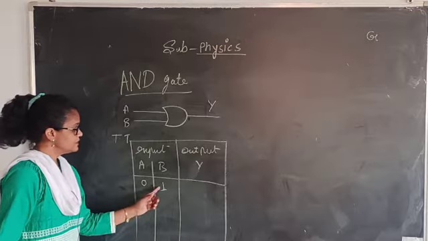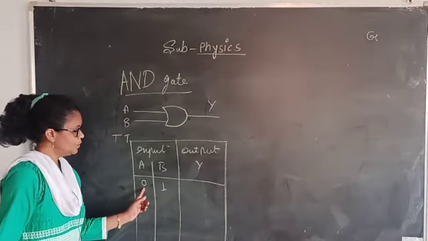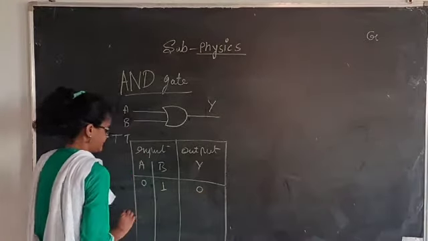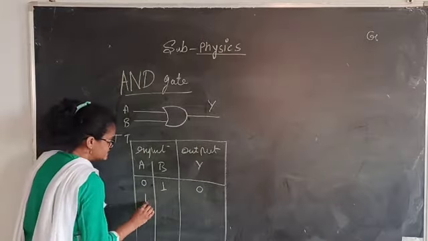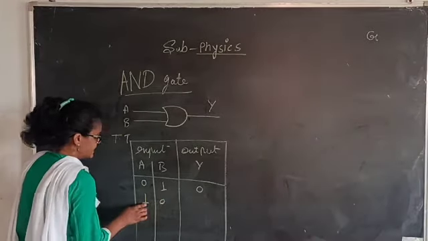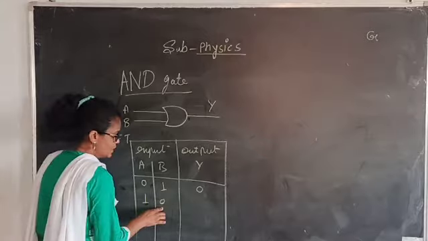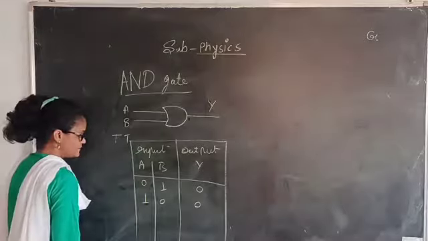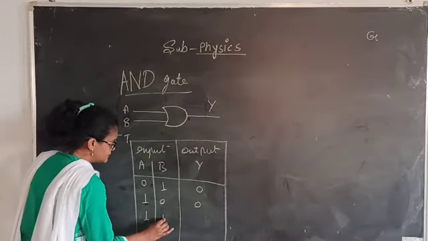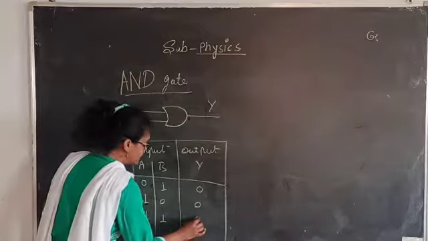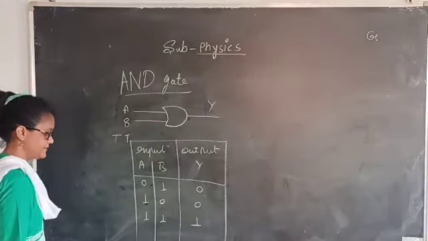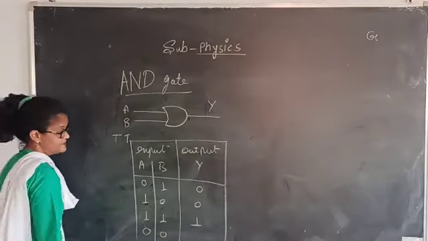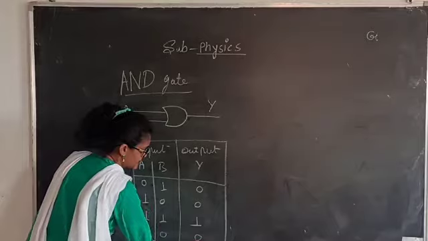If one input is low and another is high, then the output will be low. Now we'll take A as 1 and B as 0, meaning input A is high, B is low. Again the product is 0, that is, the output is low. And suppose both the inputs are 1, then and only then the output will be high. Now if both the inputs are low, then still it is 0, that is low.